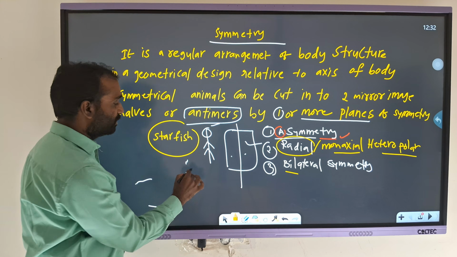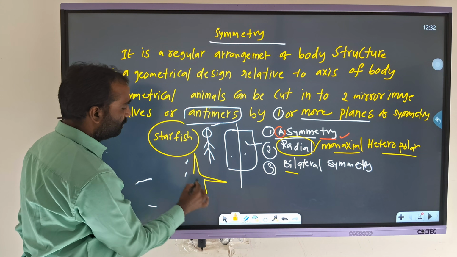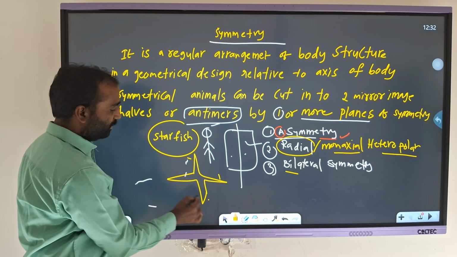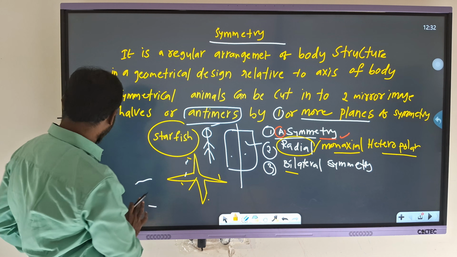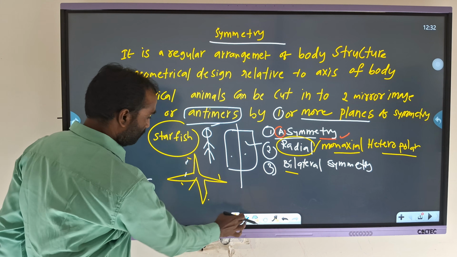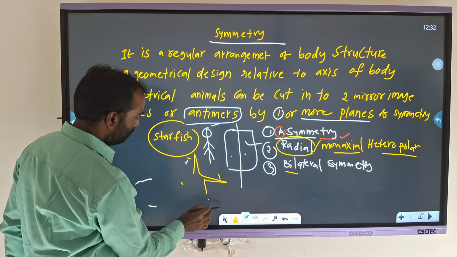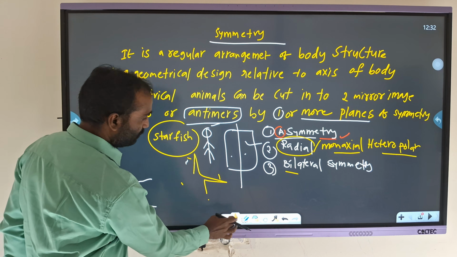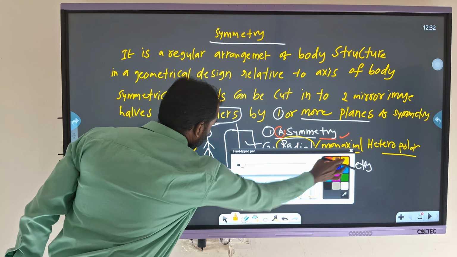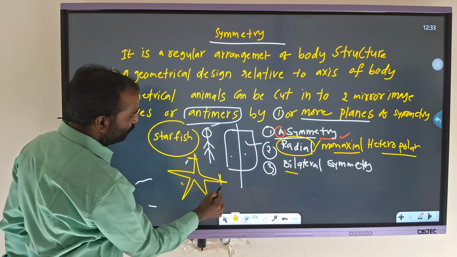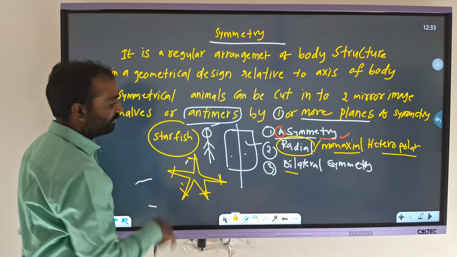Then how is the starfish? The starfish has 5 arms. 1, 2, 3, 4 and one more. Right, 1, 2, 3, 4, 5.